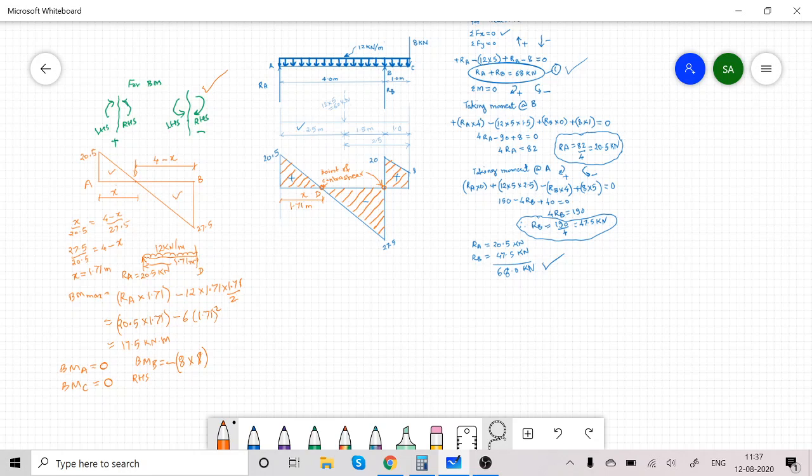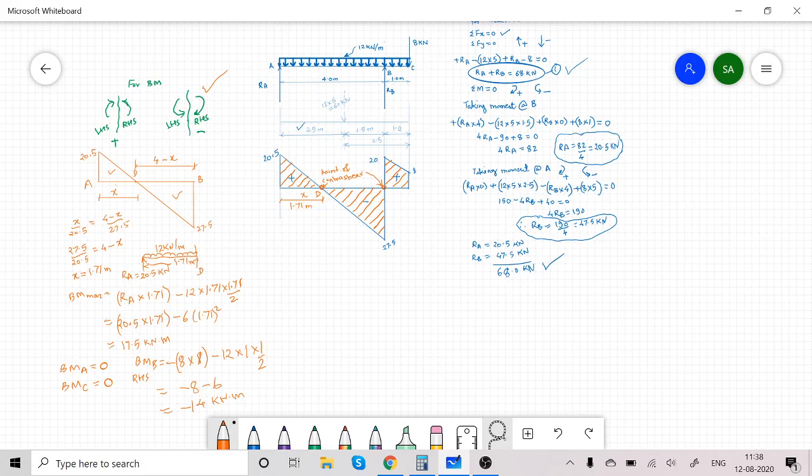Then the moment of that 1 meter UDL: minus 12 into 1 into 1 by 2, again the center of 1 meter, that is 1 by 2. So minus 8 minus 6, so minus 14 kilonewton meter.